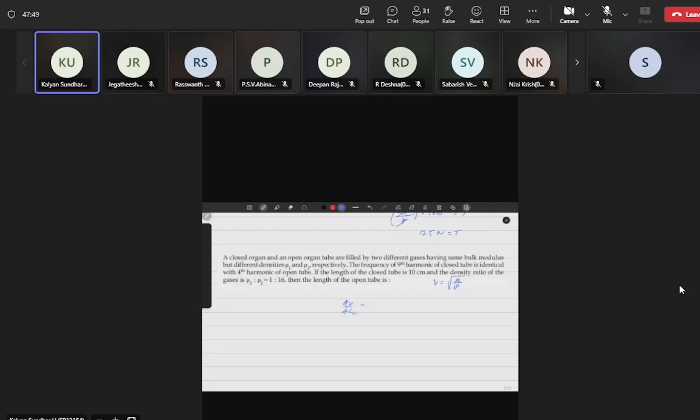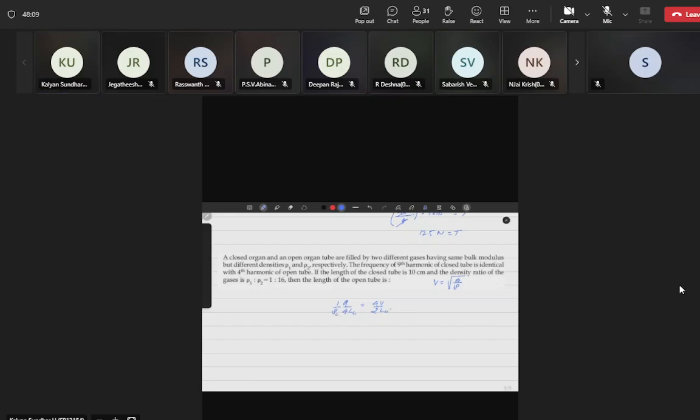Which will also equal the fourth harmonic, 4V by 2L of the open pipe, correct? And velocity will be changing with respect to what? Your density, correct? So we can write this as 1 by rho.